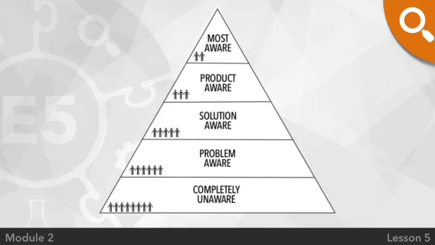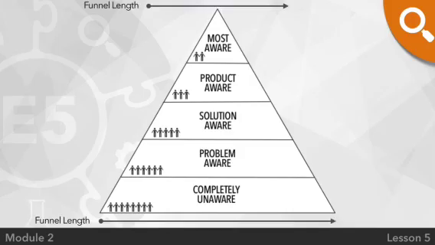The second reason is that the lower on the pyramid you go, the longer your funnel will be. Meaning that, right, as their awareness level increases, your marketing funnel length decreases. There is an inverse relationship between their level of awareness and funnel length.